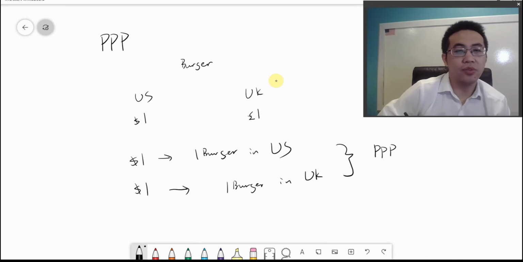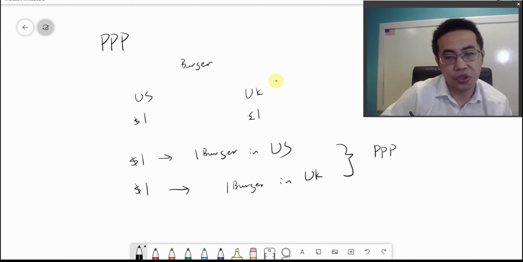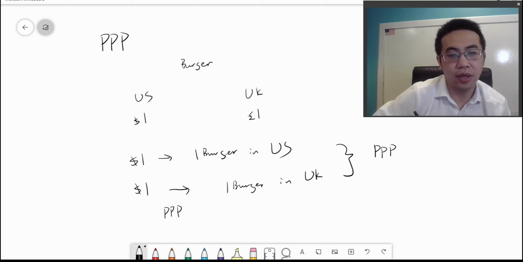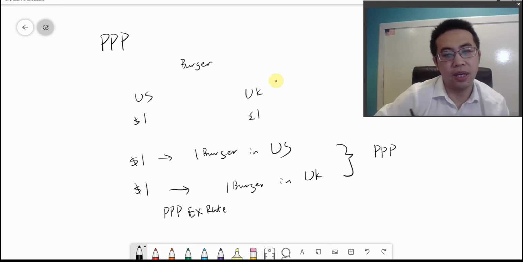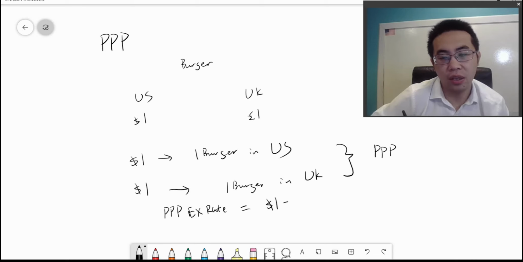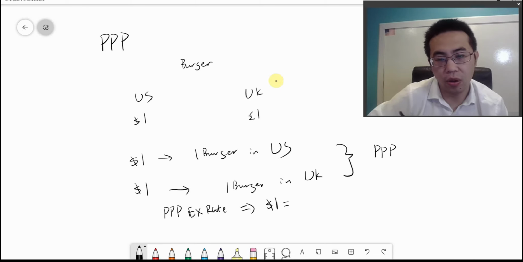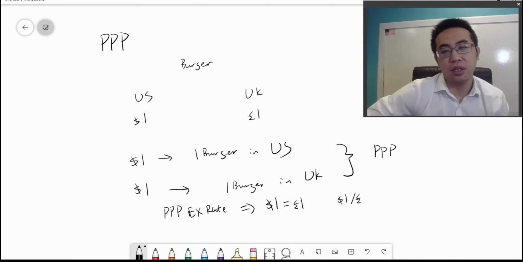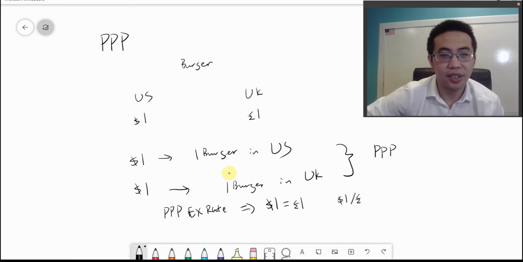Under this framework of purchasing power parity, you know that the exchange rate, which we call the PPP exchange rate, should be $1 equals 1 pound, or 1 US dollar per pound. But the actual exchange rate could deviate from this PPP exchange rate.